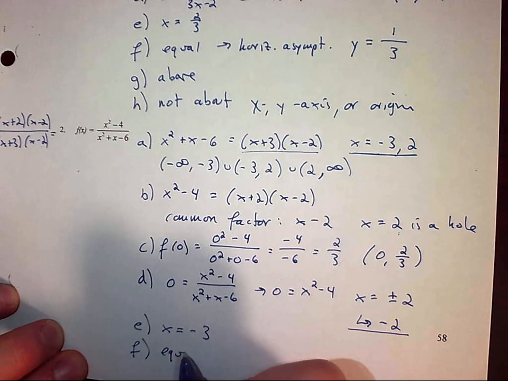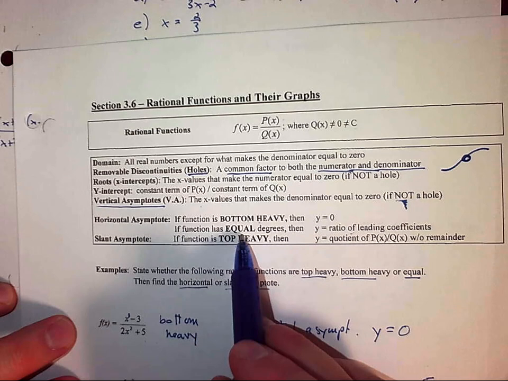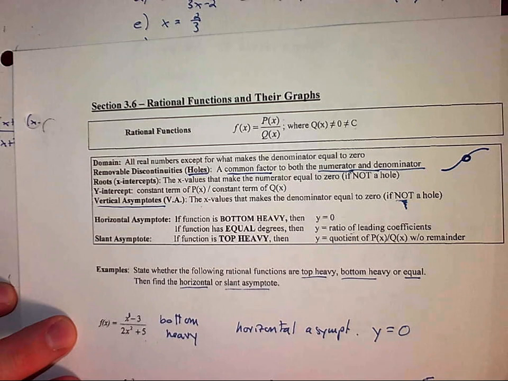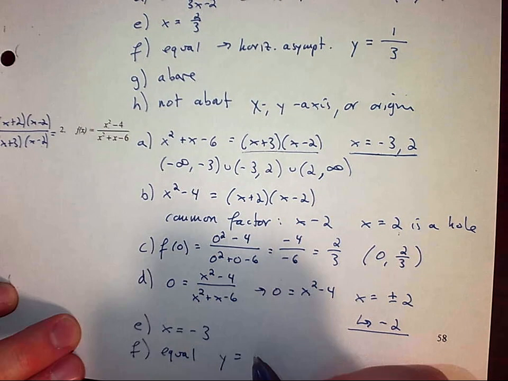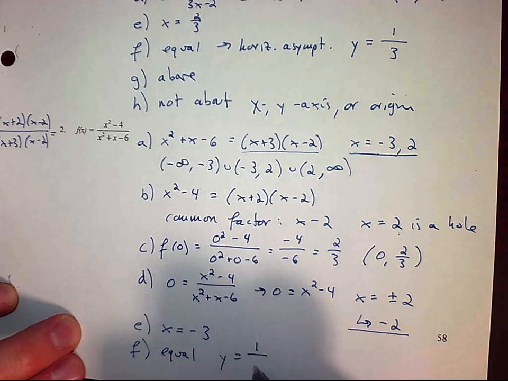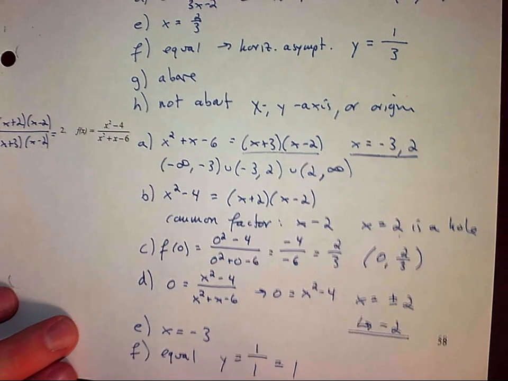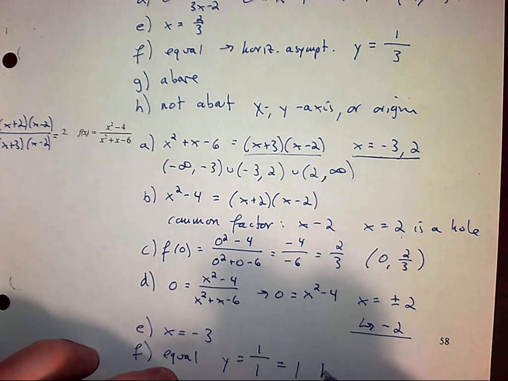So therefore here we're equal. And when we're equal, our horizontal asymptote is going to be the ratio of the leading coefficients. So our leading coefficient up here is simply just 1, and our leading coefficient down here is also 1. So therefore y is equal to 1 is going to be our horizontal asymptote.